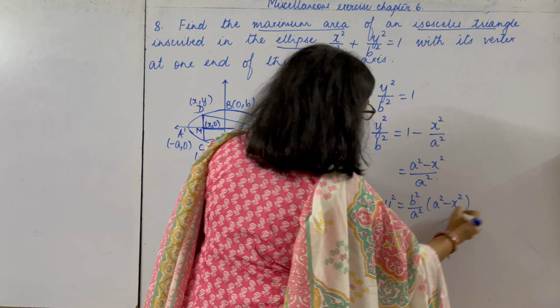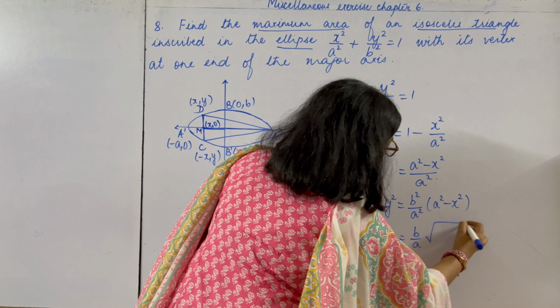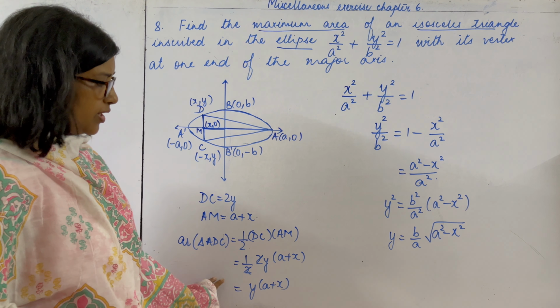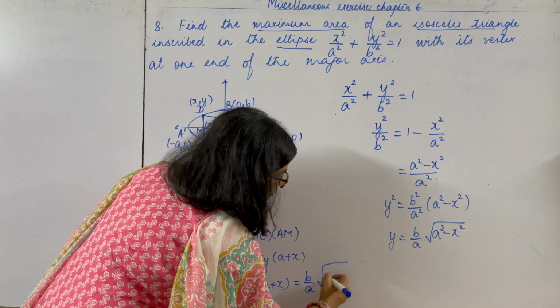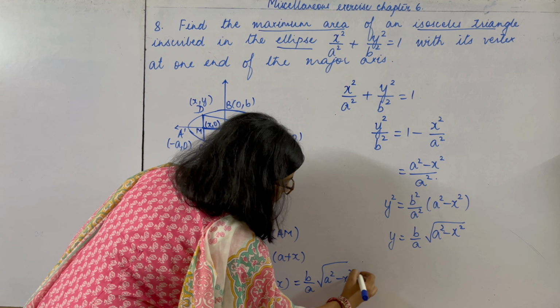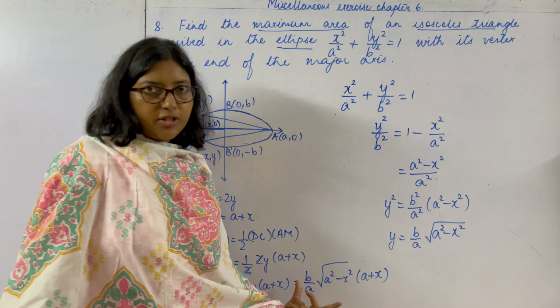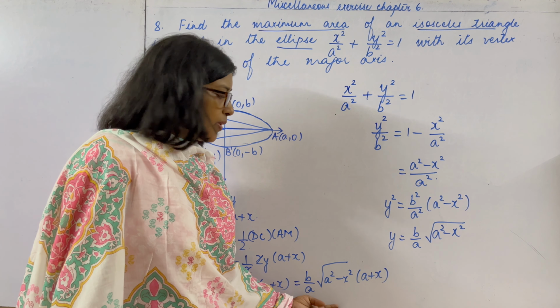This is what we get for y square. So y is b by a root of a square minus x square. So we'll put this value here. This can be taken as a function in x, or else we will take the square of this. Solving the square will be easier.